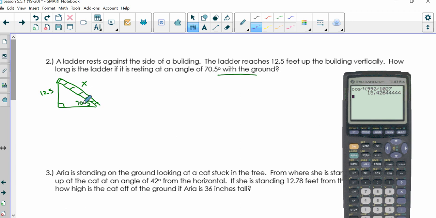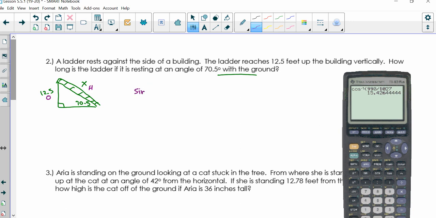So from this angle right here, this is my opposite. And then opposite of my 90 is my hypotenuse. So that means O and H. Take a second, think about what trig function that would be. Okay, so that would be sine.